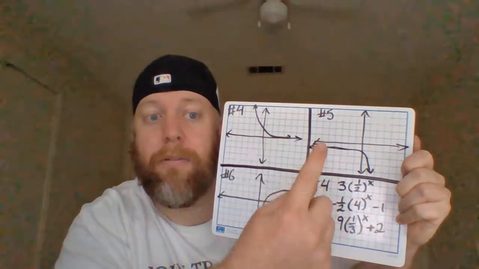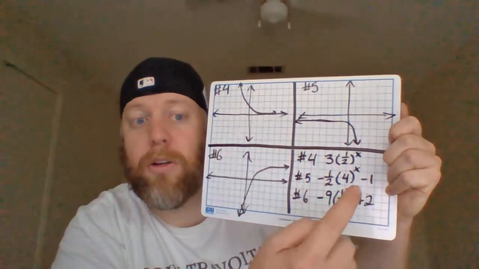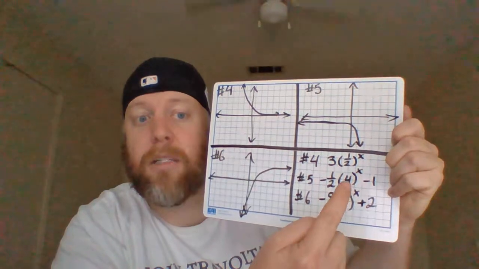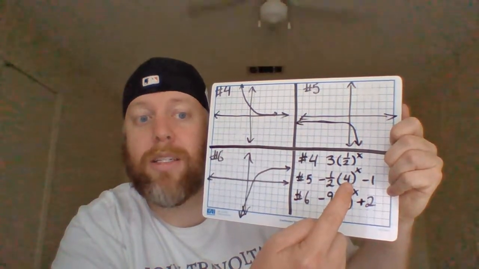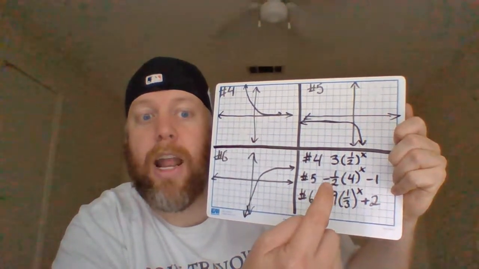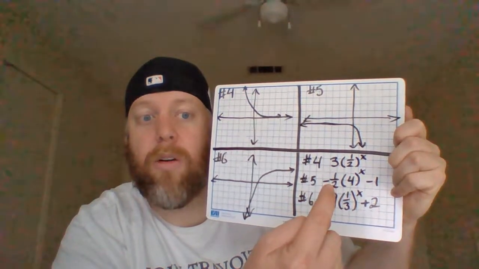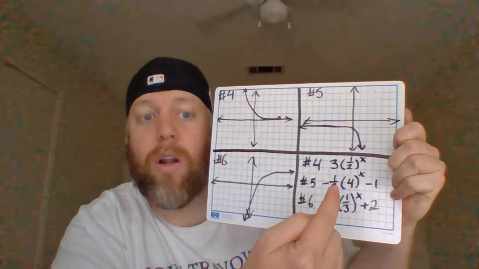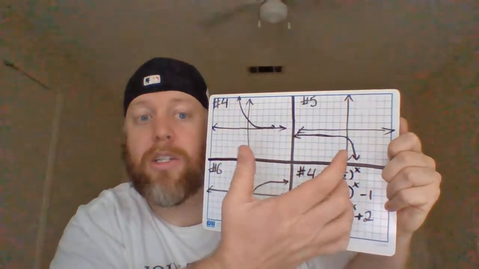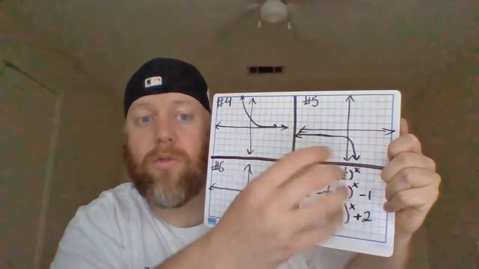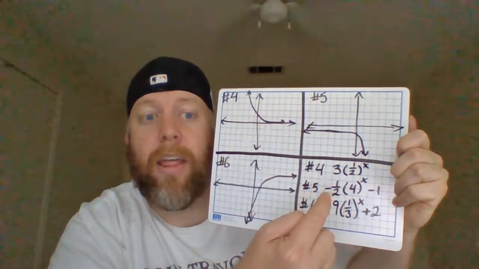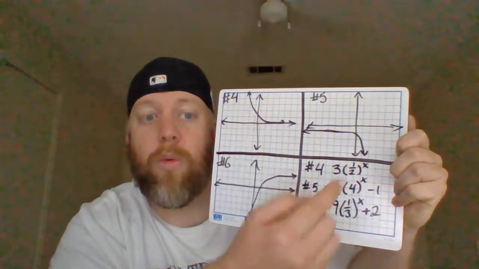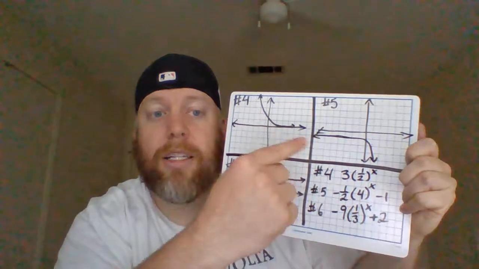Okay, look at number 5. Number 5 is experiencing all sorts of stuff. It says exponential growth with what is inside of here, but it's experiencing a negative a value. And that a value is less than 1, meaning it's a fraction, so it gets stretched sideways. It's all elongated. And then it experiences a negative value, which means it gets reflected across the x-axis.